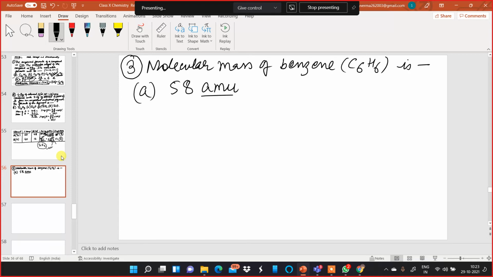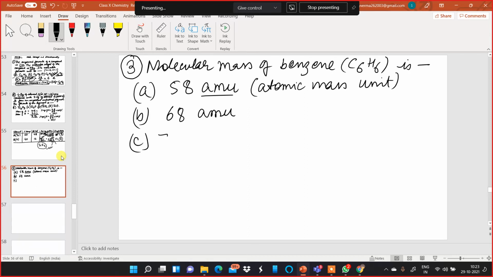AMU stands for atomic mass unit. Option B is 68 AMU. Option C is 78 AMU. Option D is 468 AMU.